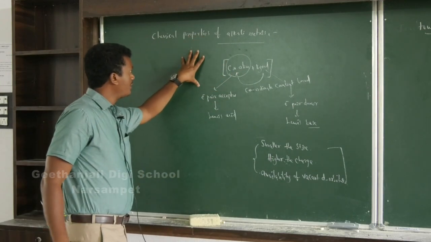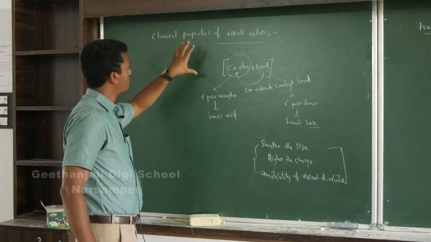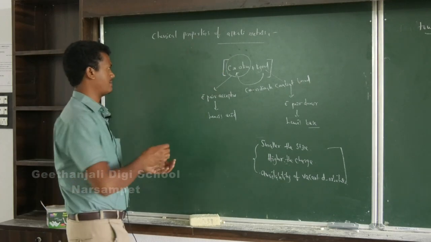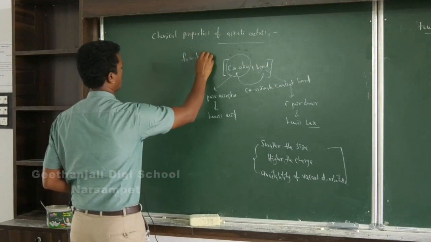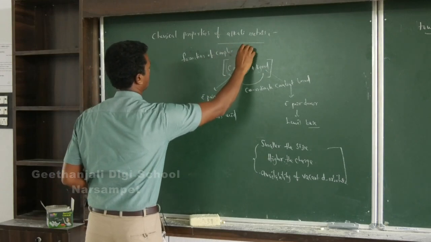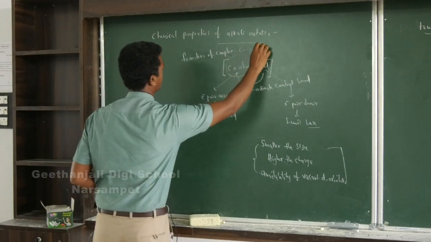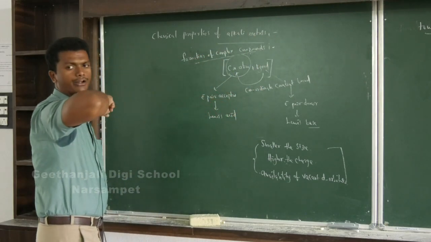In these respective alkali metals, what is the variation of formation of complex compounds? We know the variation of ionic size from top to bottom.